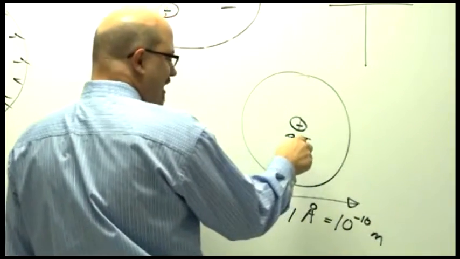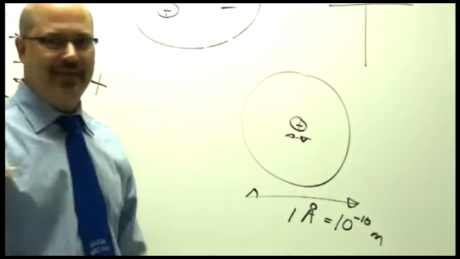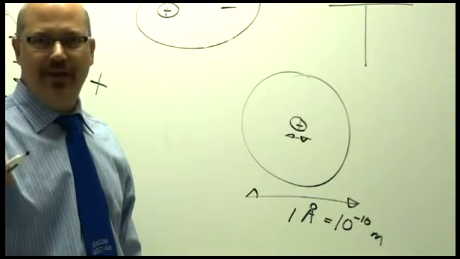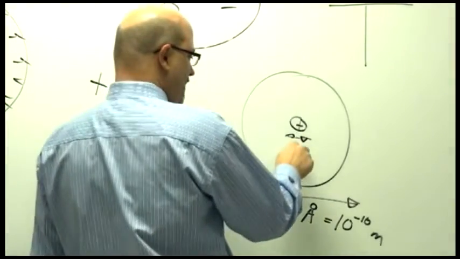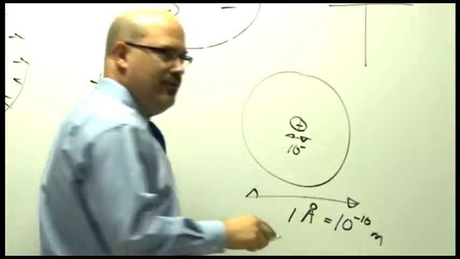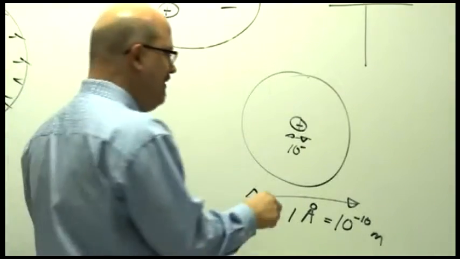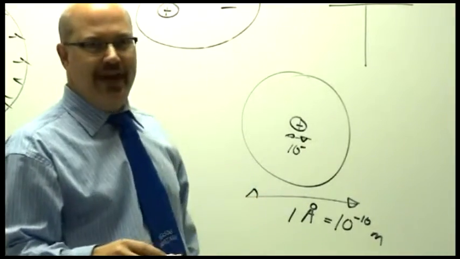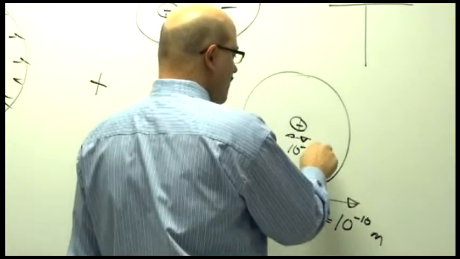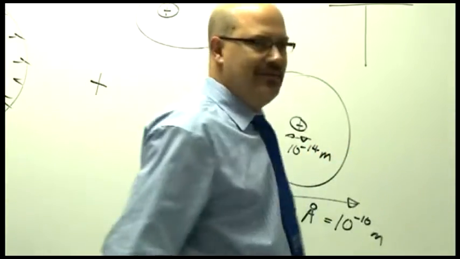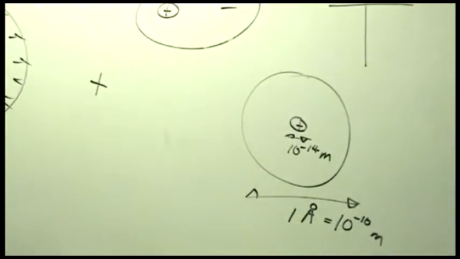And the nuclear size, how much smaller? Oh, you remember nothing. Come on. About 10 to the negative 14th meters. Okay, do you at least remember the size of the charge?